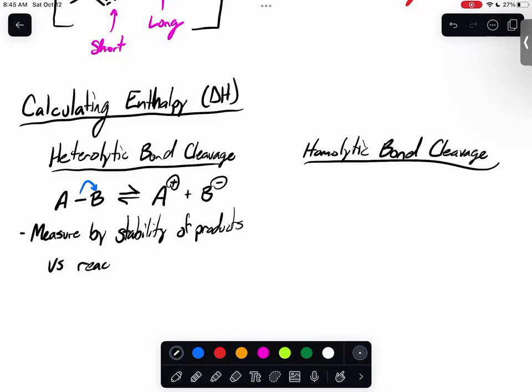Think about acid-base chemistry: we were using the stability of the base and conjugate base to decide whether something was going to be higher or lower enthalpy.